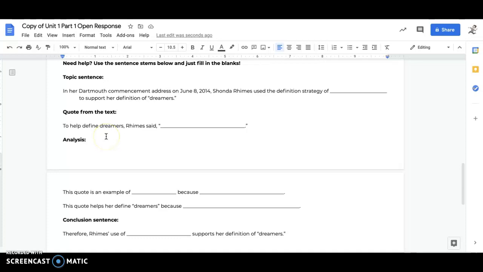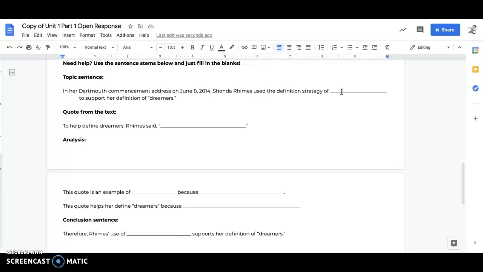These are 5 sentence frames that will create a paragraph for you. All you need to do is pick out your examples and fill in the blanks. So it gives you a topic sentence. In her Dartmouth commencement address on June 8th, 2014, Shonda Rhimes used the definition strategy of blank to support her definition of dreamers. So all you put here is the name of whichever strategy you're choosing to talk about.